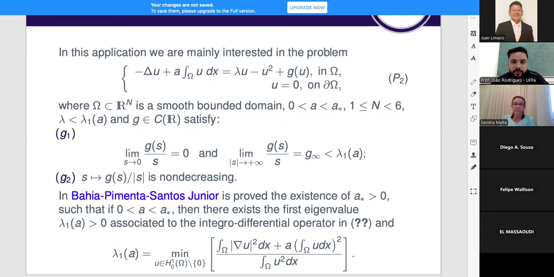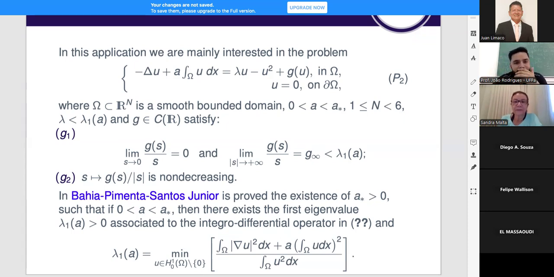For example, if lambda is greater than lambda 1, the geometry is completely different now, because the functional has another kind of geometry: the origin of the space is a saddle point. In the case that lambda is exactly equal to lambda 1 of A, we don't have the geometry we need in order to prove that all the fibers belong to the open cone and have a unique global maximum point.